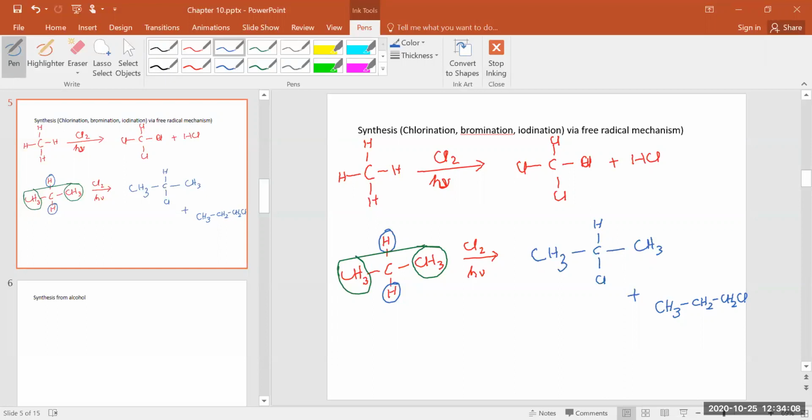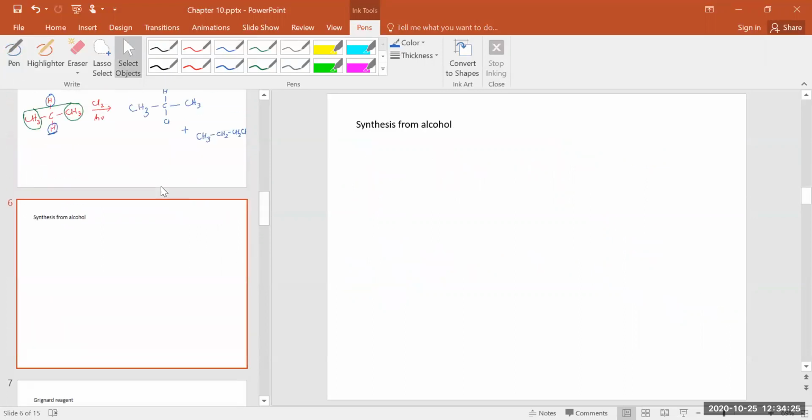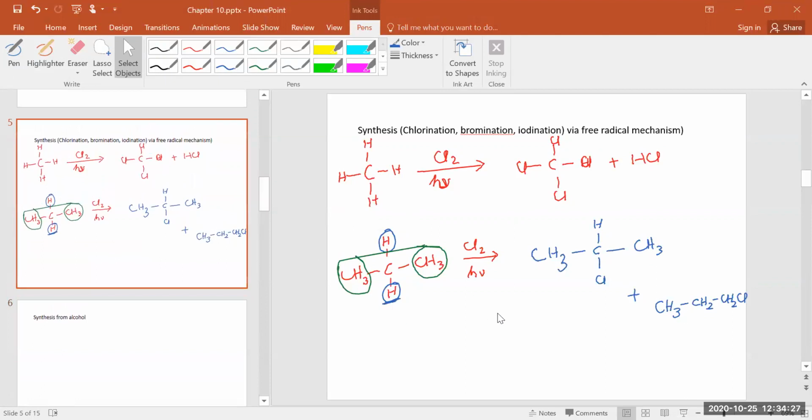You should know that this reaction takes place via a free radical mechanism.